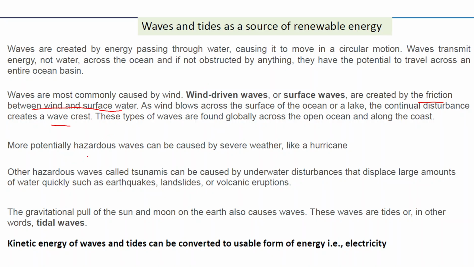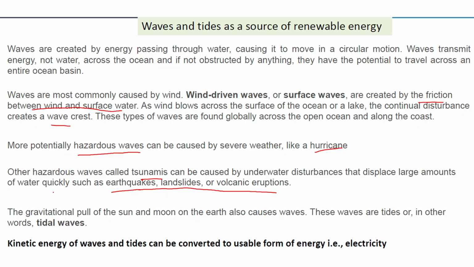Another kind of more hazardous waves can be caused by severe weather, which are hurricanes. Other hazardous waves are tsunamis, which can be caused by underwater disturbances that displace a large amount of water quickly, such as earthquakes, landslides or volcanic eruptions at sea level. These are the most hazardous kind of waves.